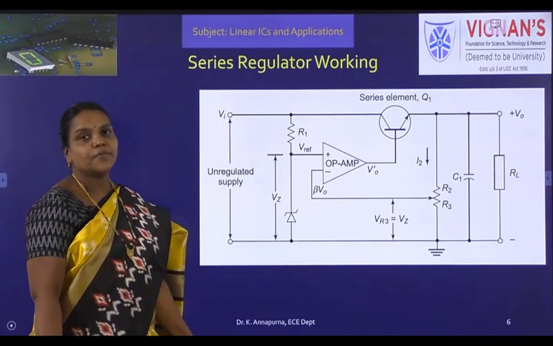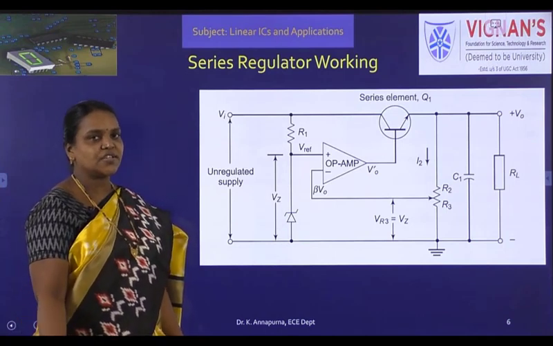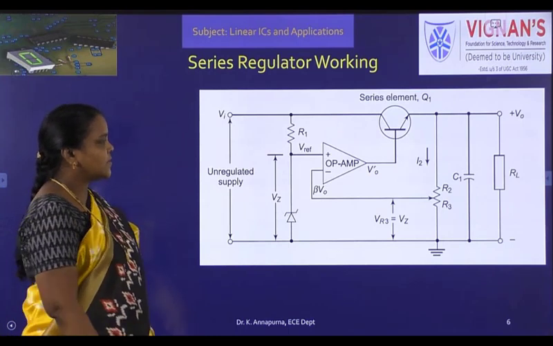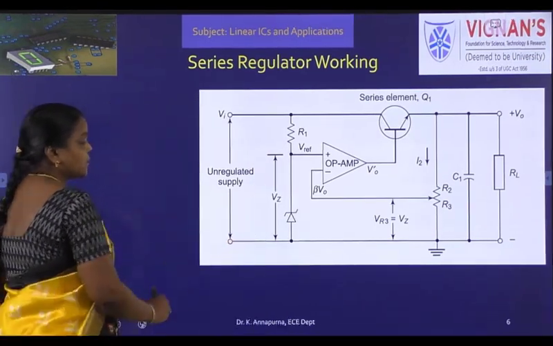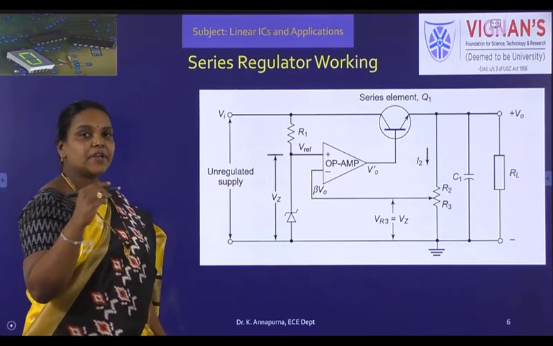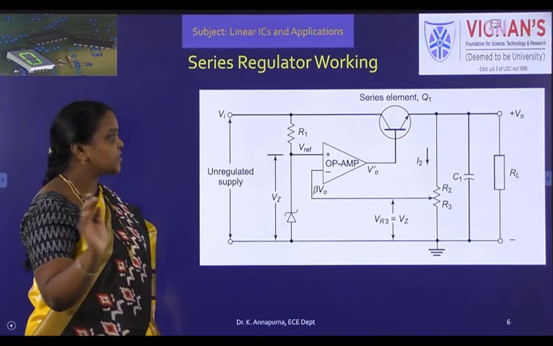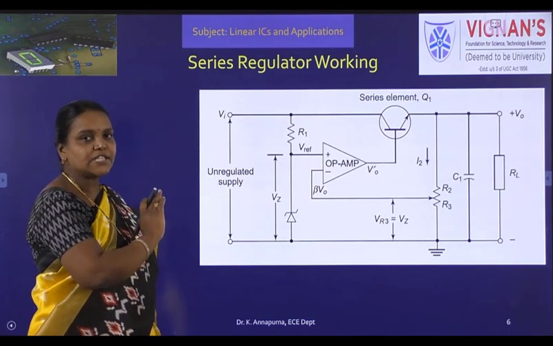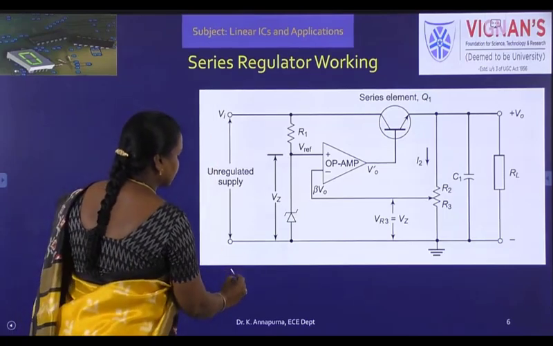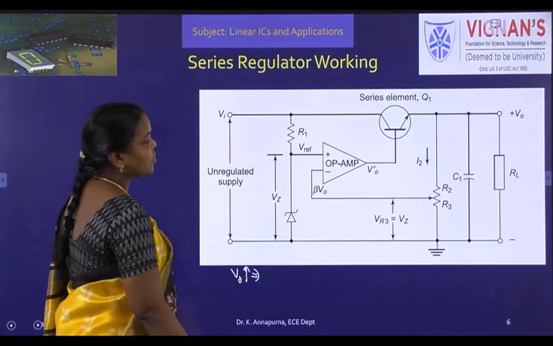Now let us see the working of the linear regulator. In linear we again have two types, series and shunt. This is the series regulator, which is used in our ICs. If you see this circuit diagram, suppose for any reason V0 increases, maybe because of supply variation or load variation or any other effect. Its function is to maintain it constant. If V0 increases, beta V0 also increases.